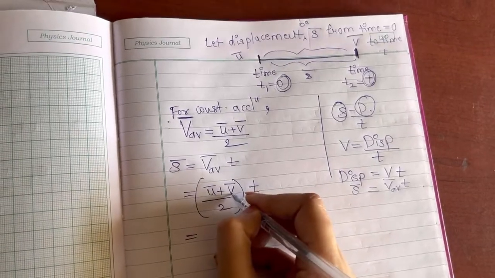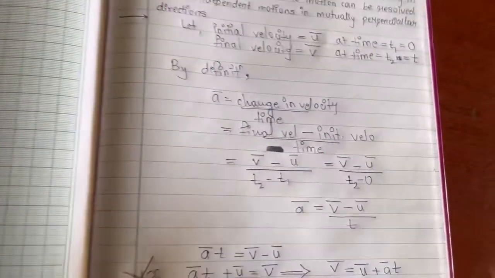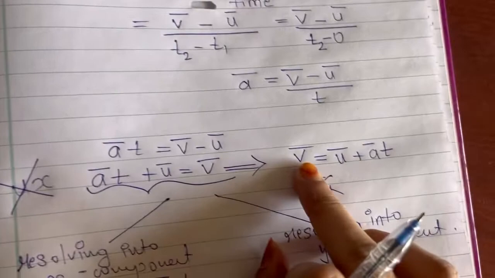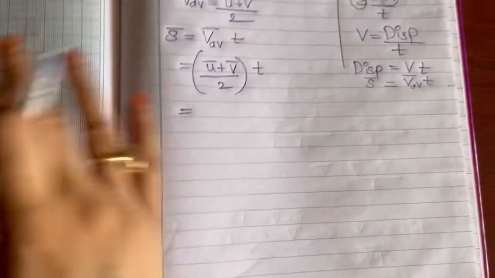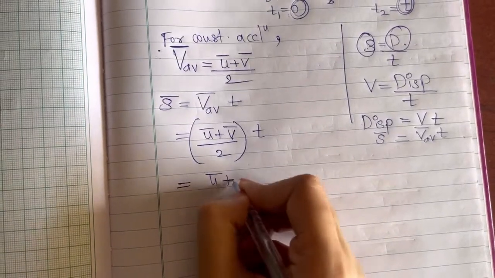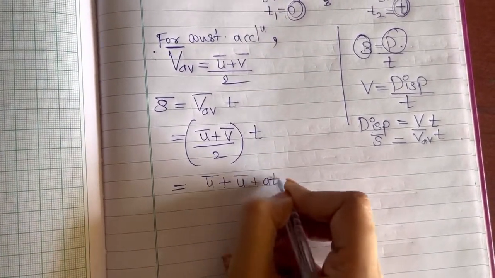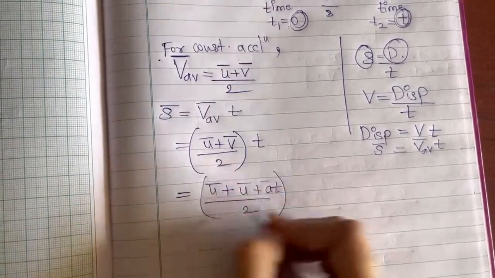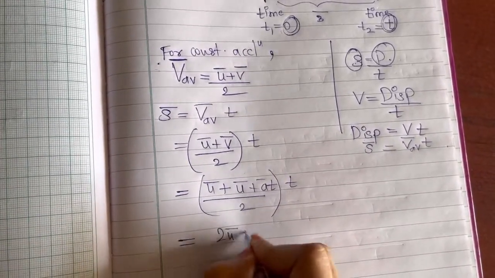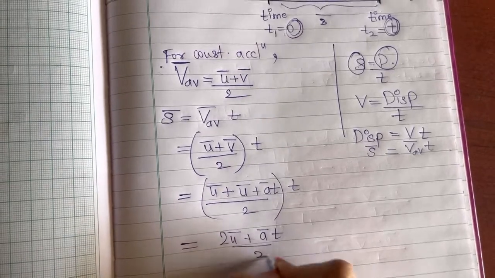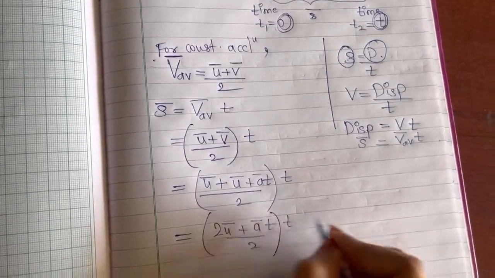If you see over here, we have vector v, and vector v is u plus at, so we will substitute that. So u plus at upon 2, times t. Then u plus u becomes 2u plus at upon 2, times t.